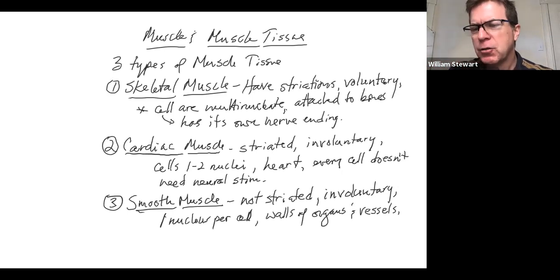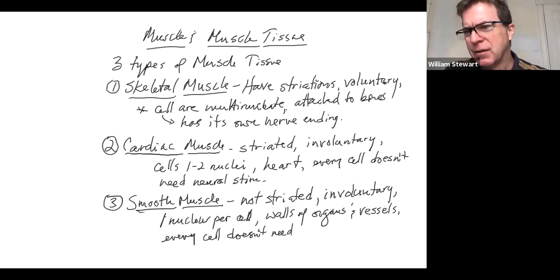And in this tissue, every cell also does not need neural stimulation. So I'll just write that quickly. It also has the ability to transfer an electrical impulse from cell to cell.